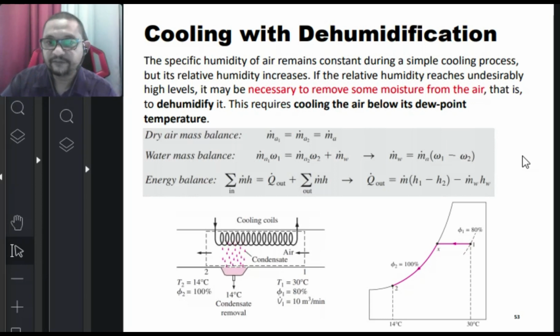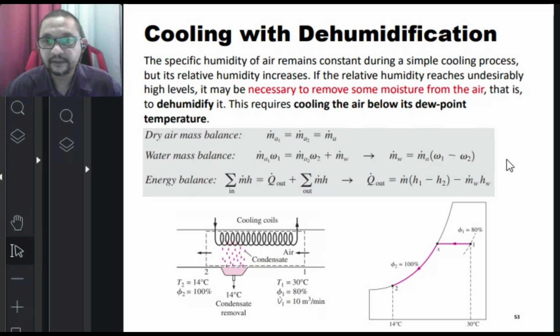That means the specific humidity of air still remains constant because it is a simple cooling process, but its relative humidity increases. So if the relative humidity reaches undesirably high levels, it may be necessary to remove some moisture from the air because the air has been saturated with moisture.